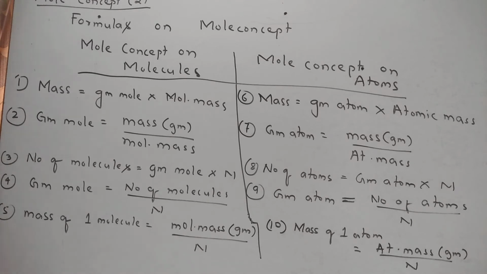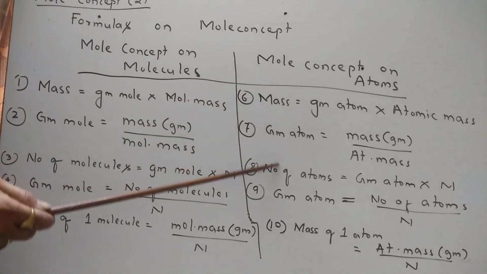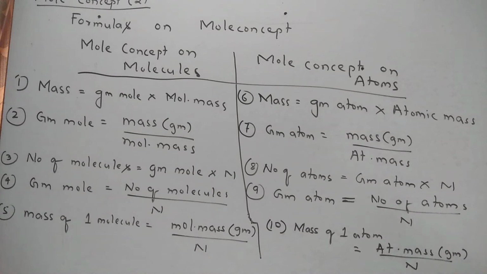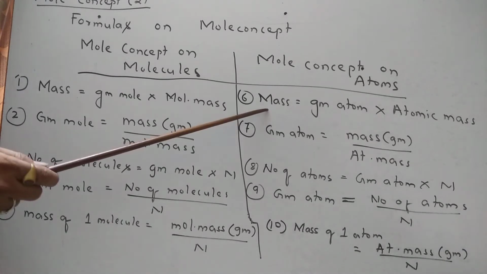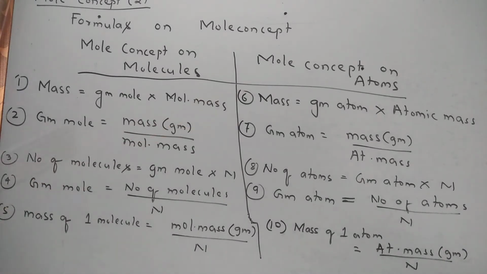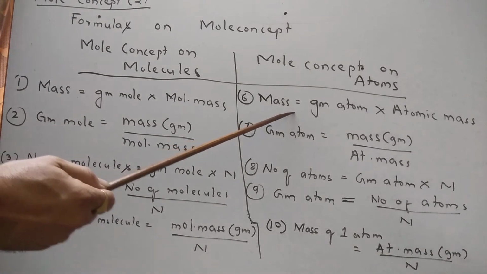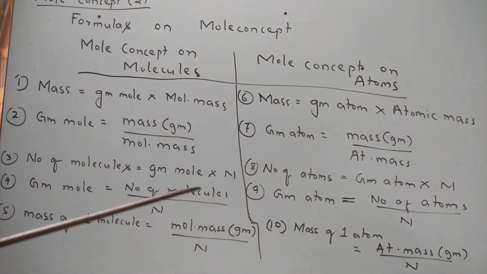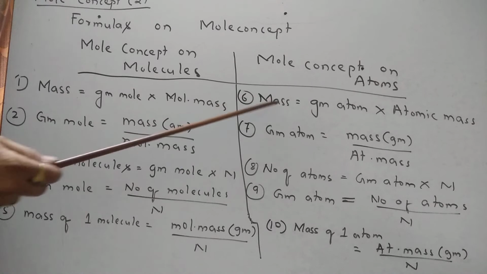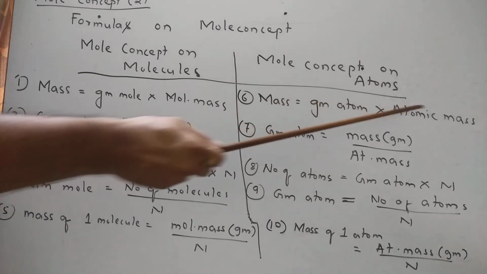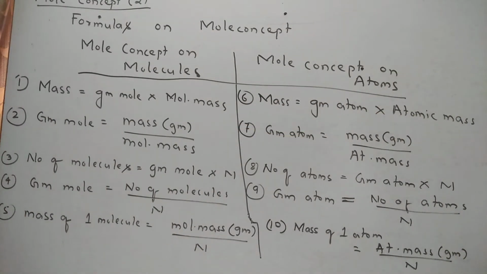And on exactly the same basis, we have another 5 formulas on the mole concept of atoms. I have already told in the mole concept part one that in case of molecules, we are using the word gram mole, and in case of atoms, we are using the word gram atom. So, sixth formula: mass is equal to gram atom into atomic mass.